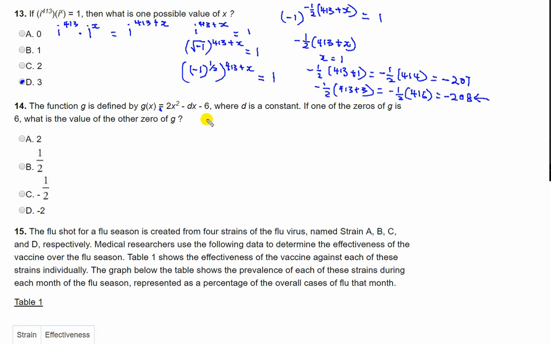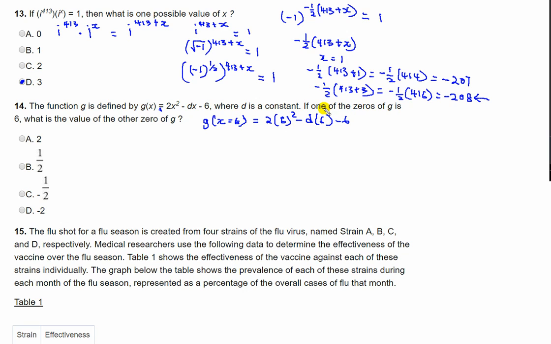Okay, let's try this out. So let's say g where x equal to 6: 2 times 6 square minus d times 6 minus 6.